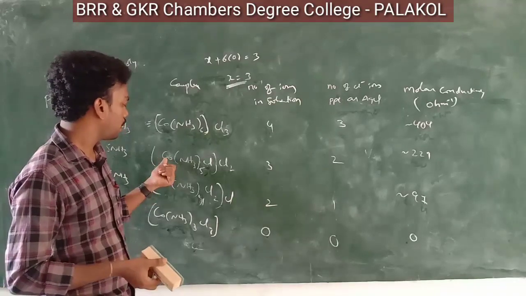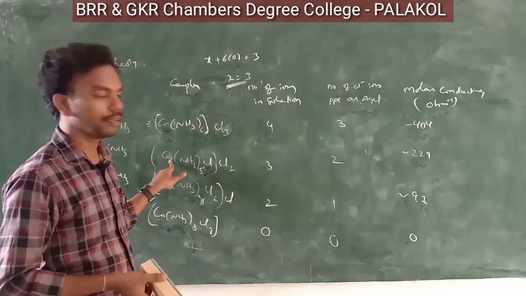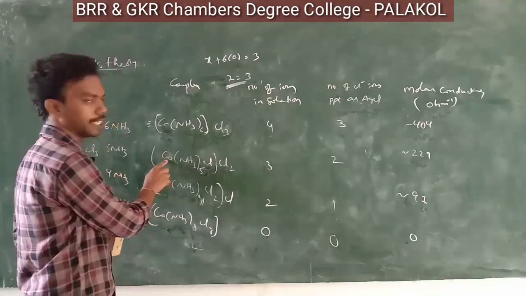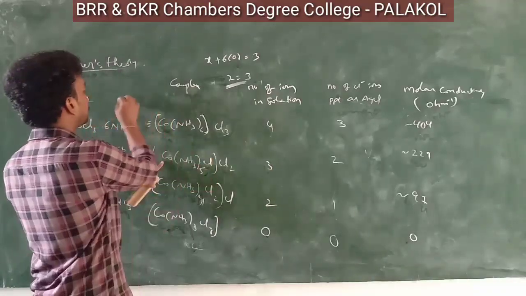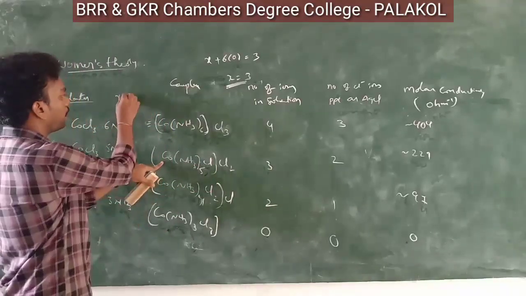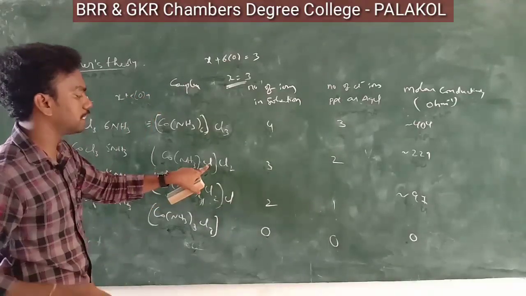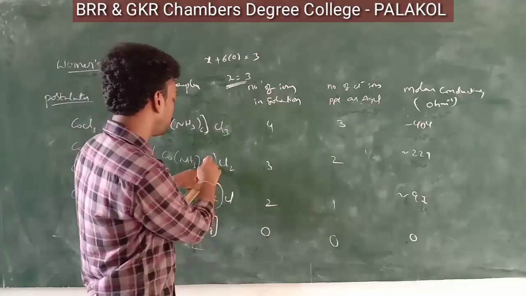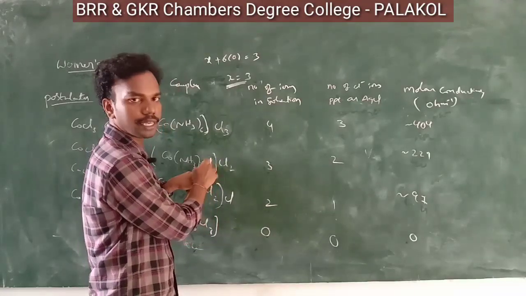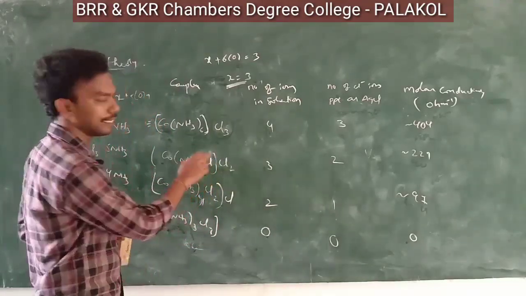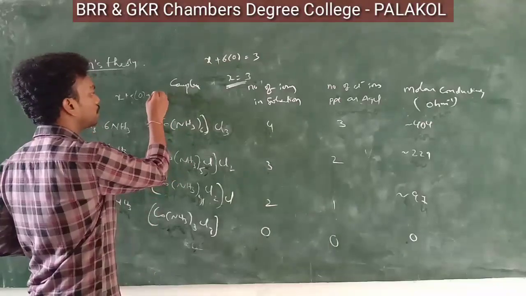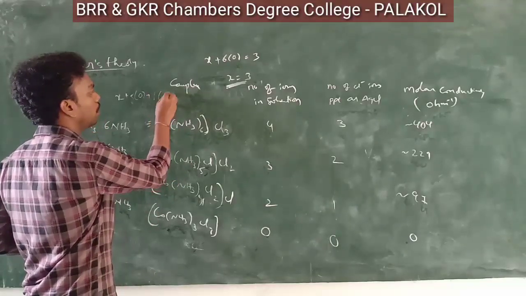Because if you calculate the oxidation state of cobalt here, let us say X. X plus ammonia is a neutral ligand, 5 into 0, plus Cl minus. Here you put a negative charge over the chloride ion, but one chloride ion is available, so 1 into minus 1.